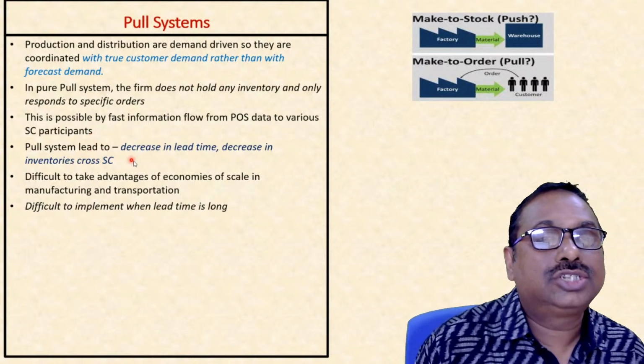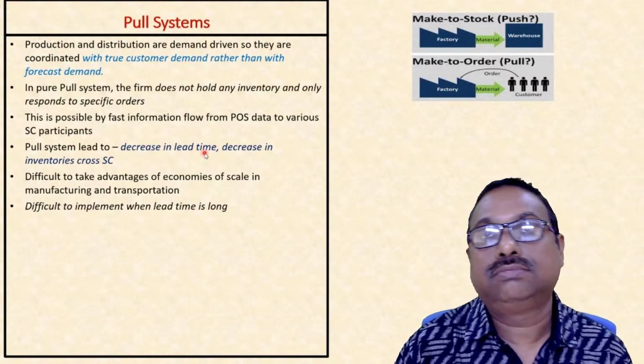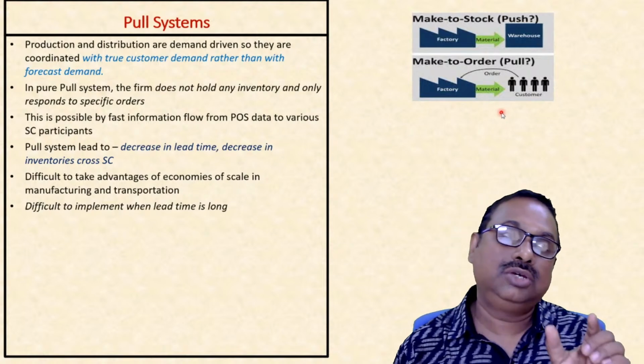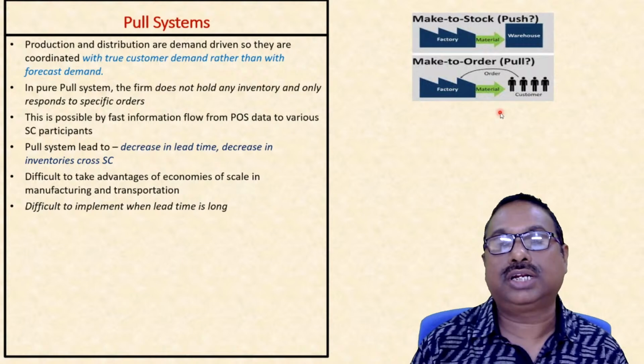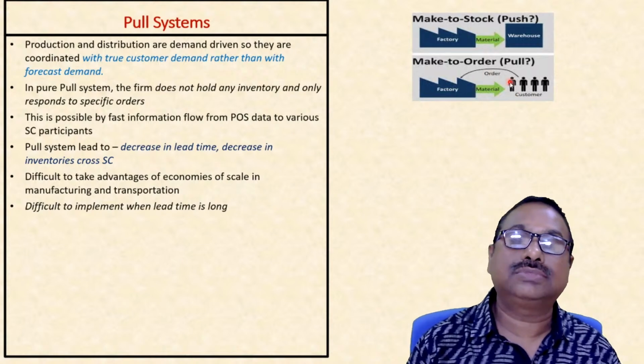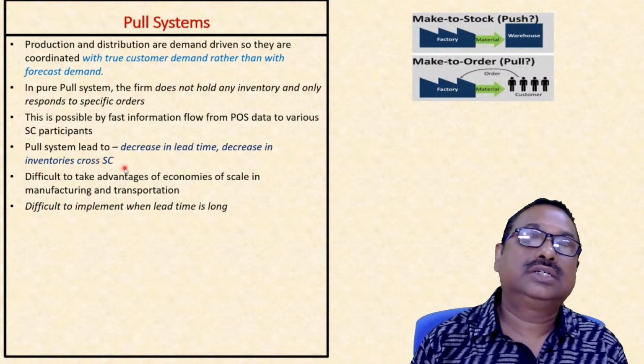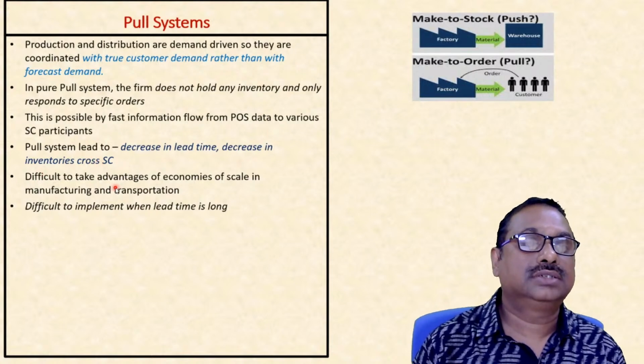So pull system leads to a decrease in lead time, because when the customer wants the material, you have to supply it within the stipulated time. So your lead time should be minimized, and there is a decrease in inventory across the supply chain.